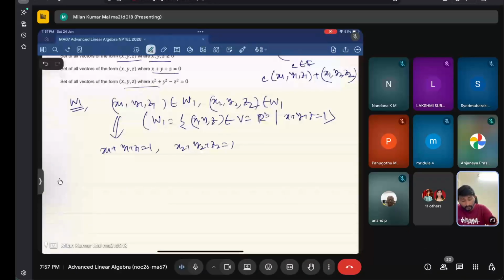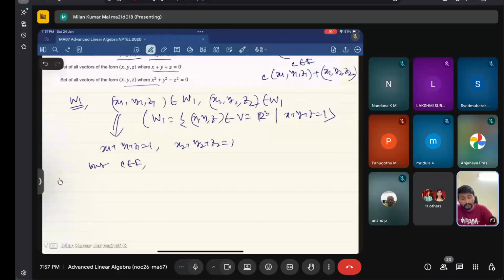But take c in F, and c(x1, y1, z1) + (x2, y2, z2) equals (cx1 + x2, cy1 + y2, cz1 + z2).